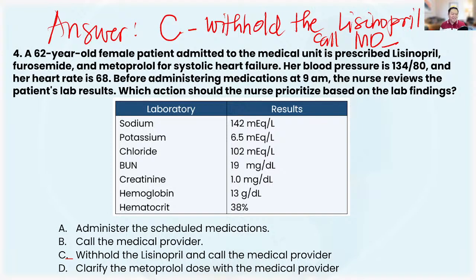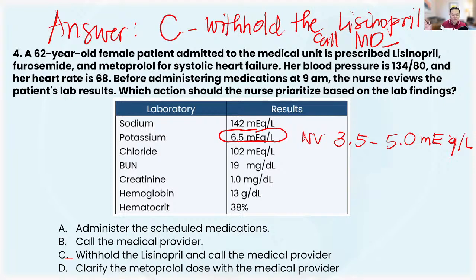All right. The reason that we are withholding the drug is because of the hyperkalemia. Good eye, 6.5. The normal value of potassium is supposedly 3.5 to 5 milliequivalents. Now, you might fight me on here. You probably would say, sir, I've seen books saying 3.5 to 5.3 or 3.5 to 5.5.